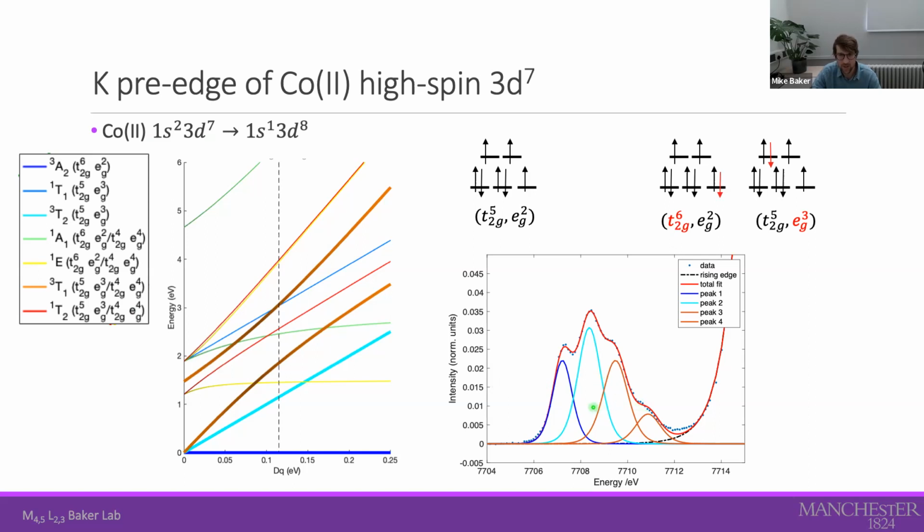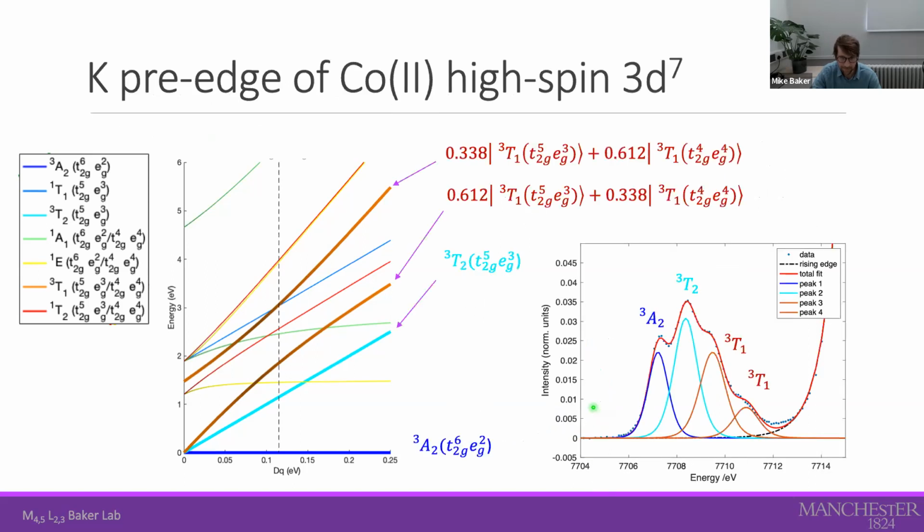So if we just add some labeling, the first excitation is an electron going into the t2g. The second excitation is an electron into eg. But then we also have this third excitation.